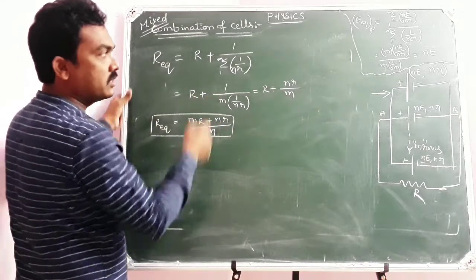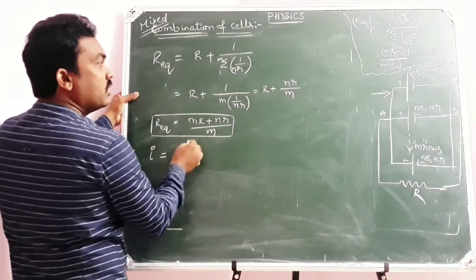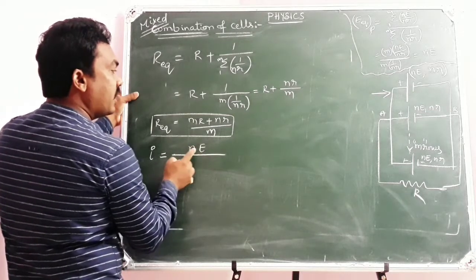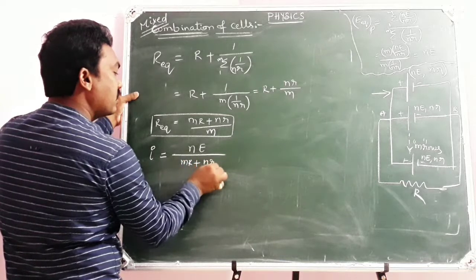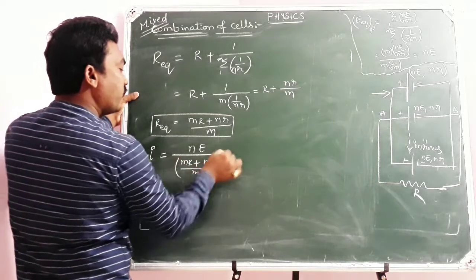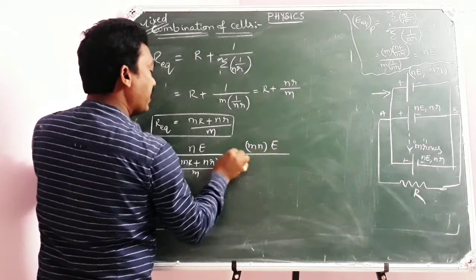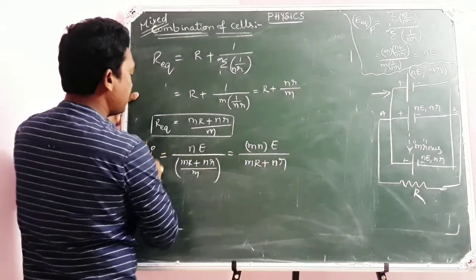As I have got the equivalent resistance and equivalent EMF, the circuit current I is equal to the equivalent EMF nE by the equivalent resistance (mR plus nr) by m. If I rewrite this, nmE by (mR plus nr) is the circuit current equation.